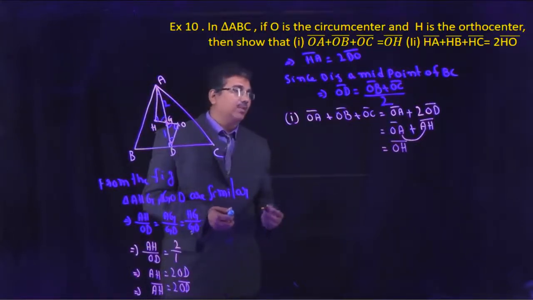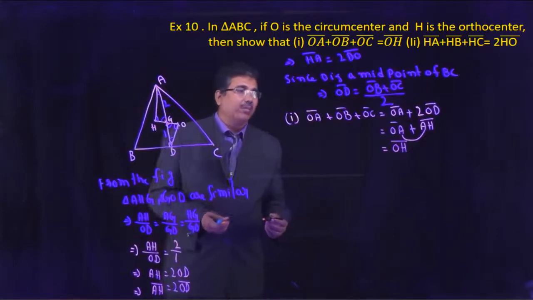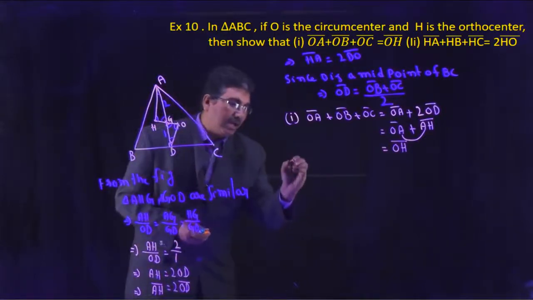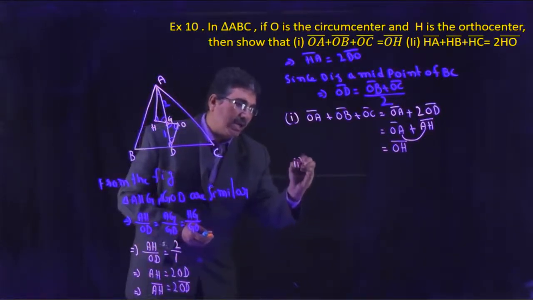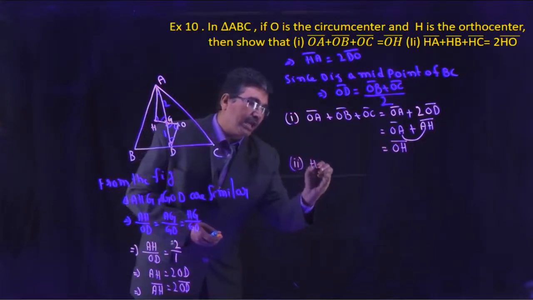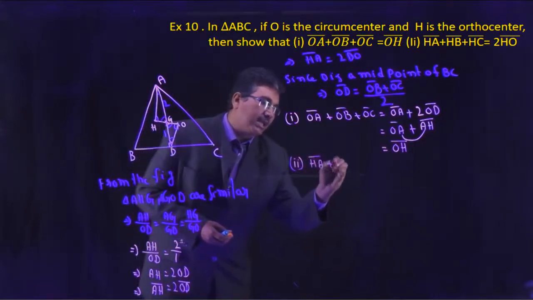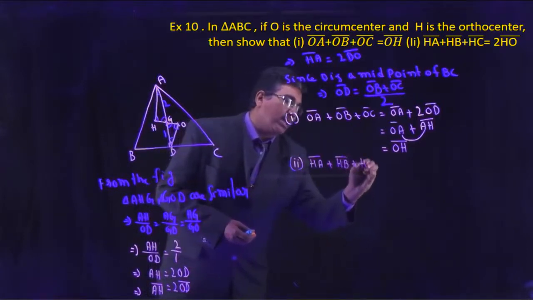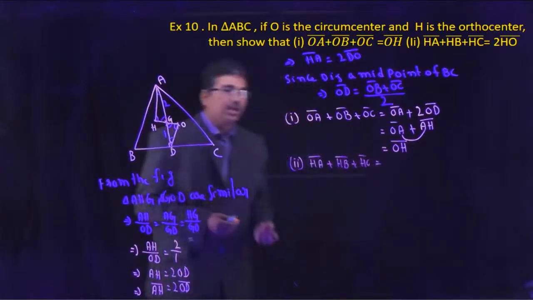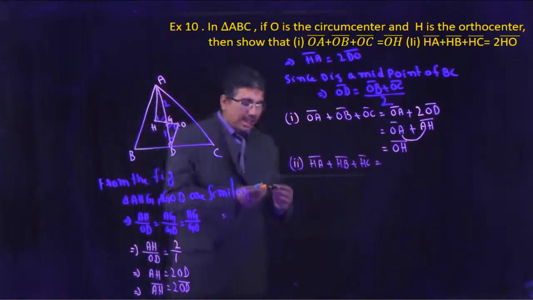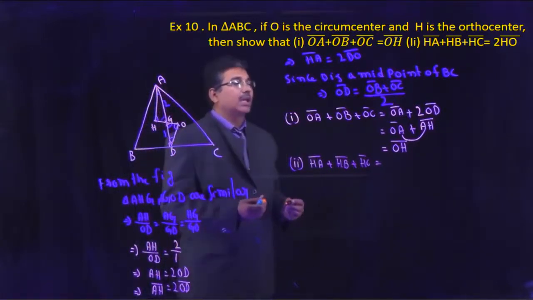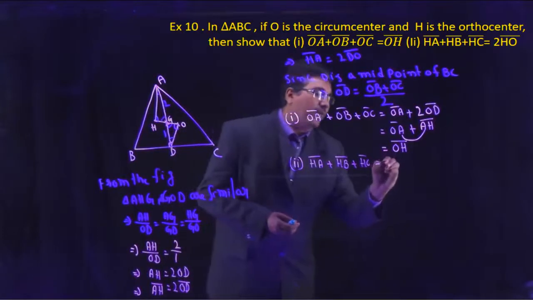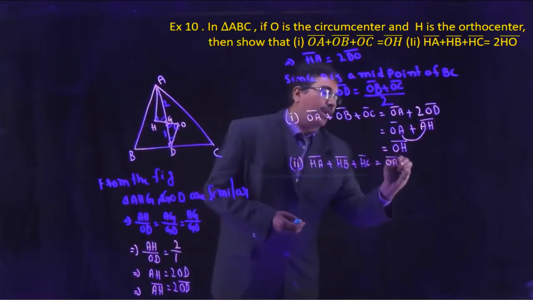Right, now second one, HA bar plus HB bar plus HC bar is equal to, right. So HA bar can be written as OA bar minus OH bar.